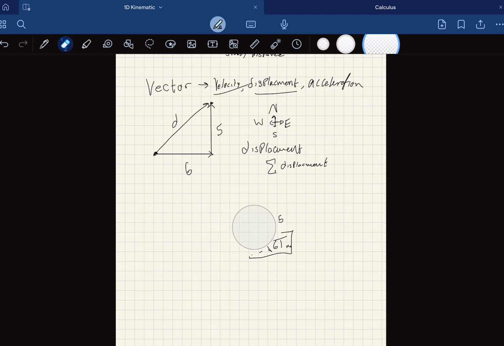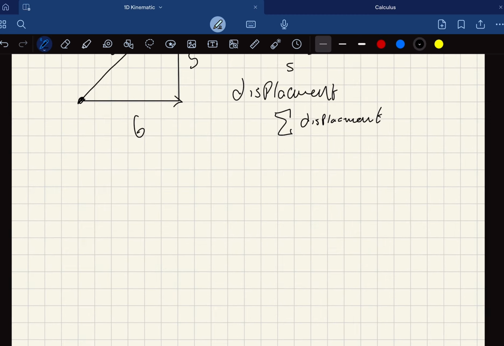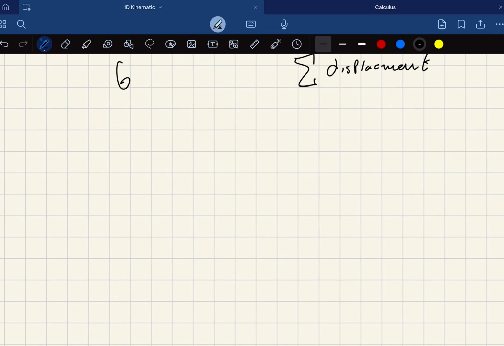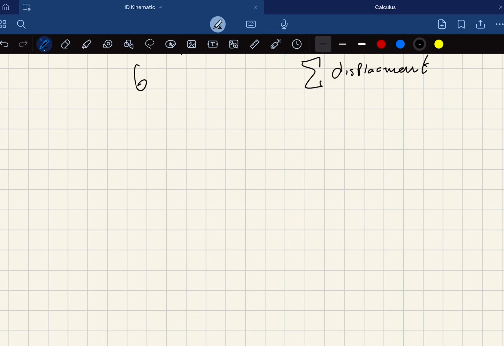Let's look at another problem. So let's say you are walking and you go 7 meters east. Then you go 3 meters north.